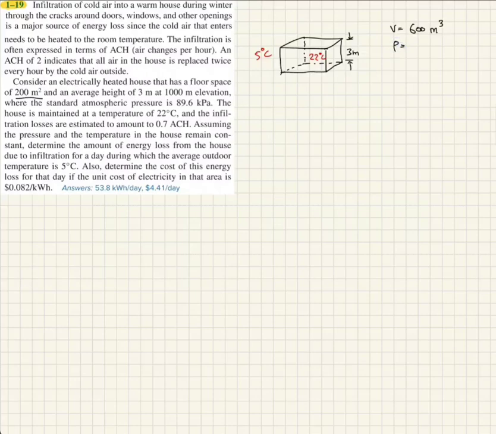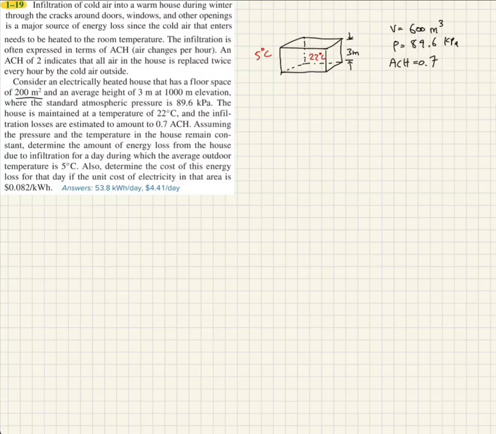The pressure is held constant because they say to assume the pressure and temperature remain constant. So the pressure is 89.6 kPa. We have an ACH of 0.7. That's all the information we have, and this is enough.